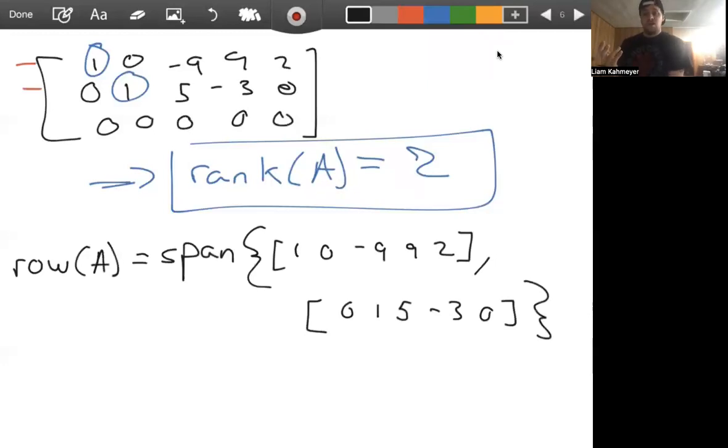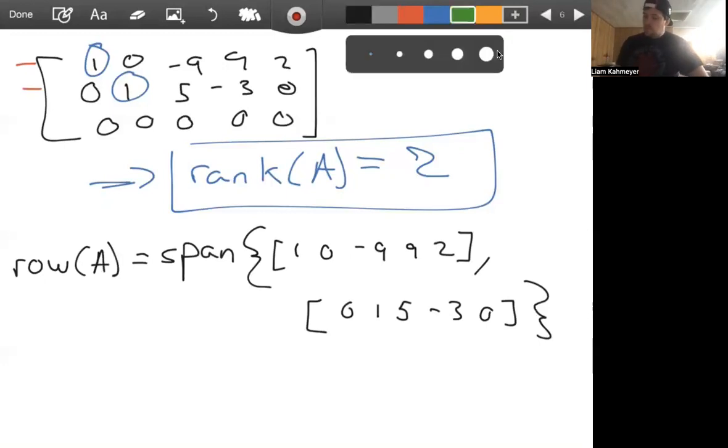And notice, maybe now you can understand more why there's a one-to-one correspondence between the number of non-zero rows and the number of pivot positions. For every row that has a pivot position, it's necessarily a non-zero row, and vice versa. If you have a non-zero row, you have a pivot position.